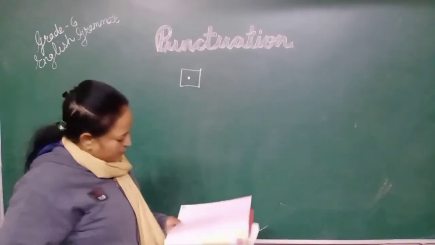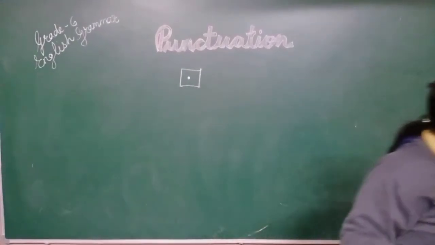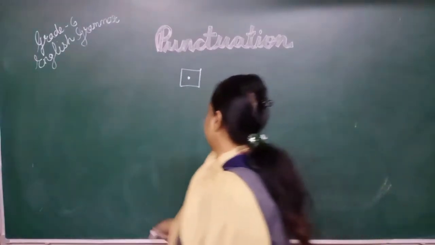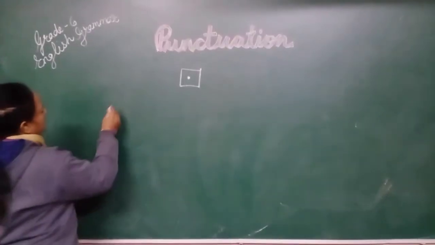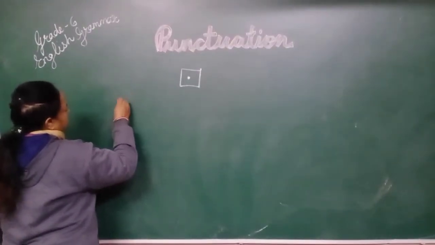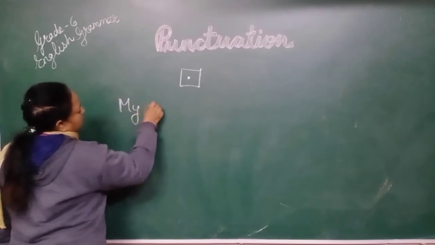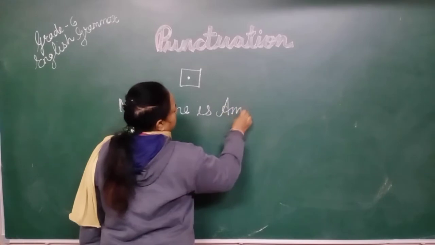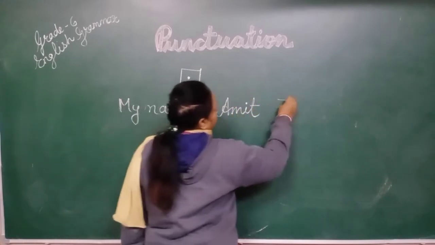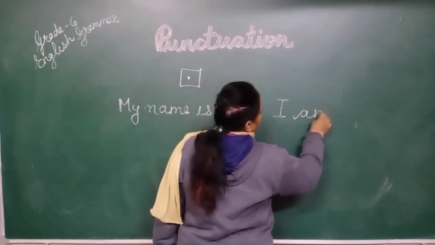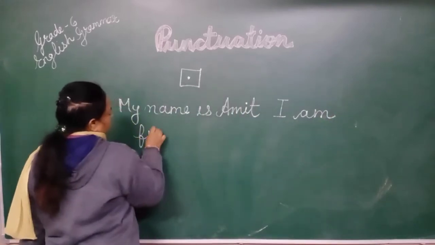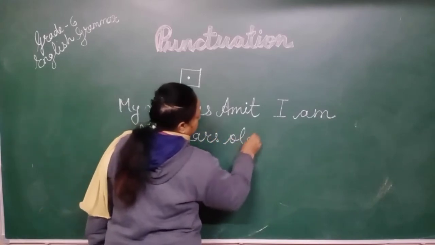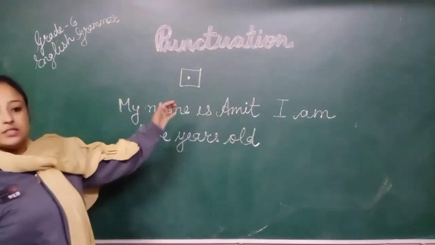Full stop. Full stop we use at the end of a sentence. It marks the end of a sentence. For example, I am writing some sentences like: My name is Amit.